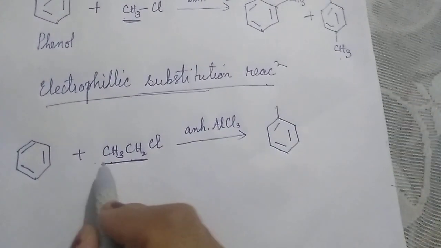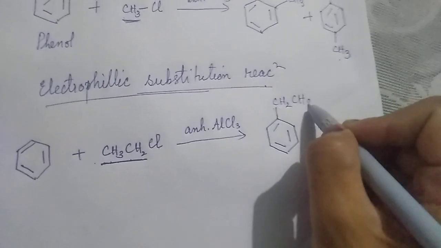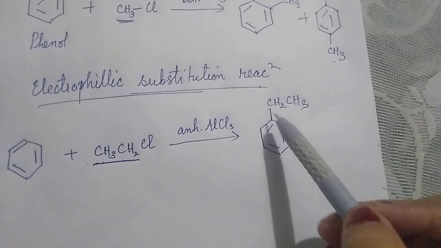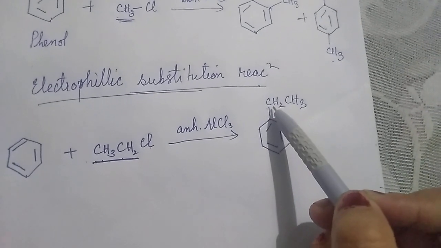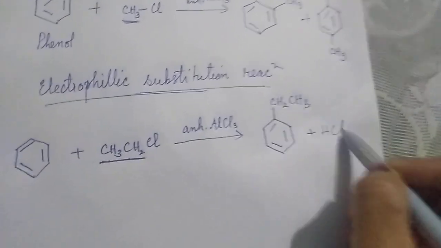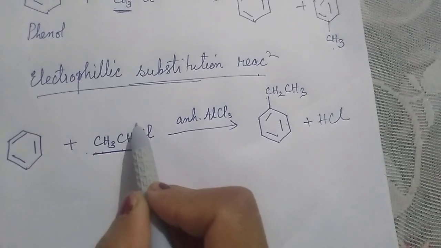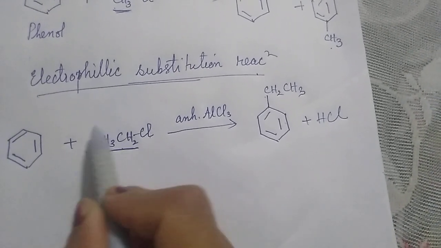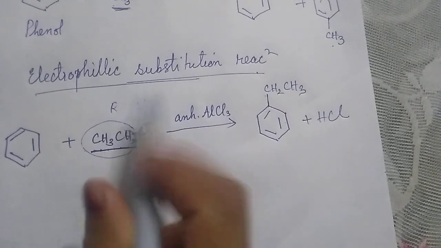So what is your alkyl? CH2CH3. Some of you might write CH3CH2. That is wrong. It should always be CH2CH3, plus HCl. Where the breakage of bond takes place, between this alkyl group R and Cl, we are going to separate this part.